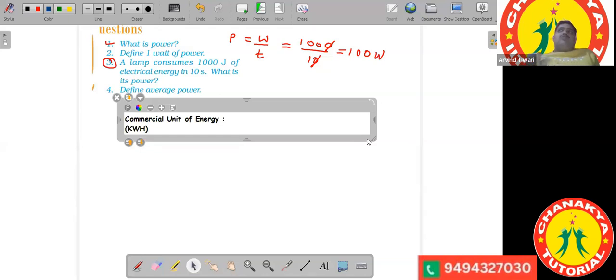We do not want crores and crores of joules of energy just by consuming one bulb. So we want a suitable unit, and that we call the commercial unit of energy, which is kilowatt hour. It is also called unit, like you might have heard your parents saying that we have consumed 200 units of electricity.